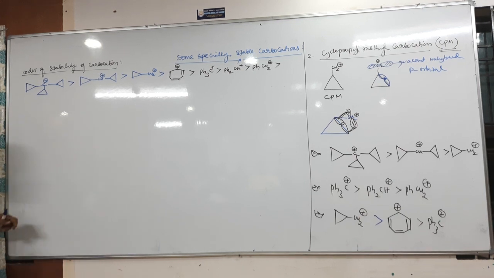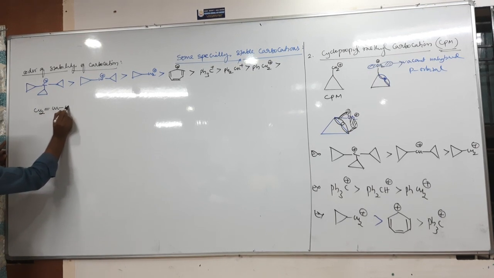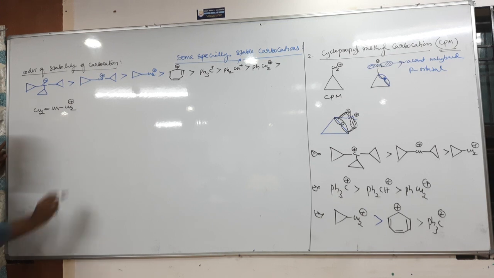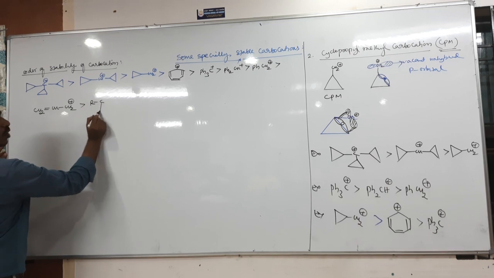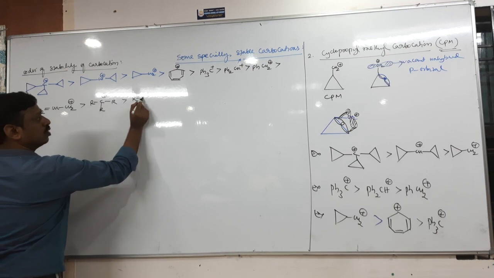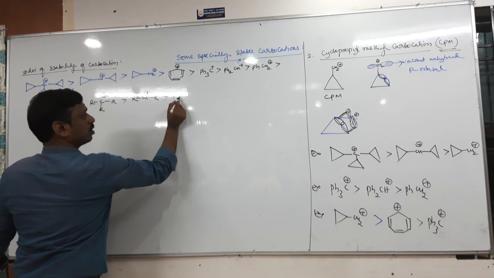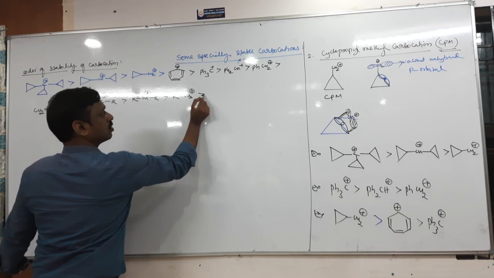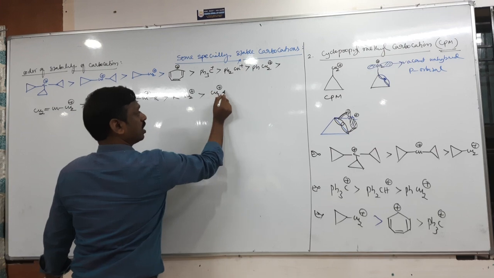Then after benzyl, which carbocation is more stable, tertiary or allylic? Allylic, because of conjugation and resonance. Allylic is more stable. Then 3 degree carbocation, then 2 degree carbocation, then 1 degree or primary carbocation, then methyl carbocation.